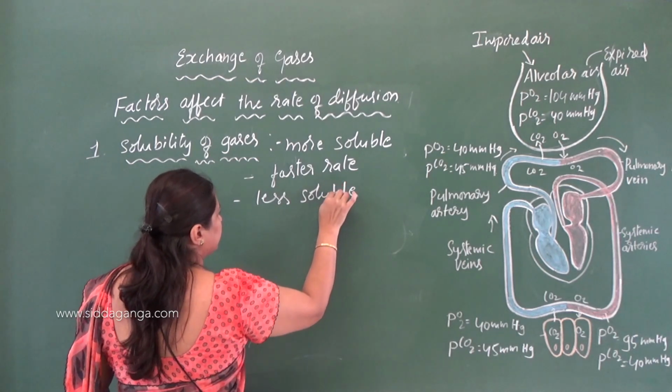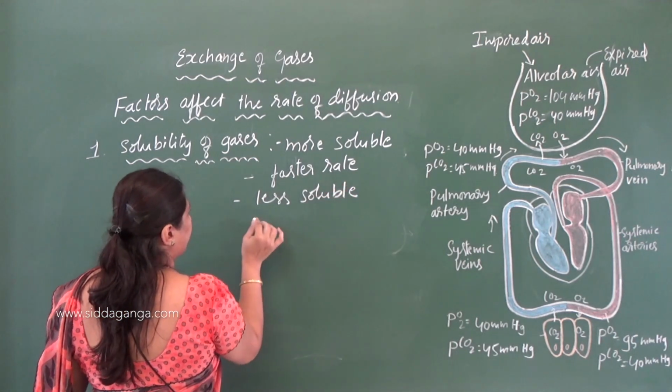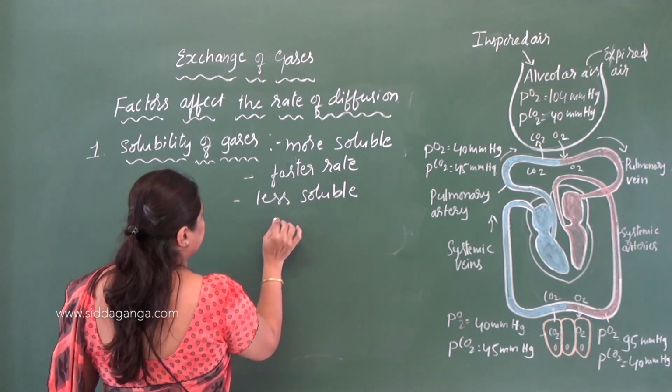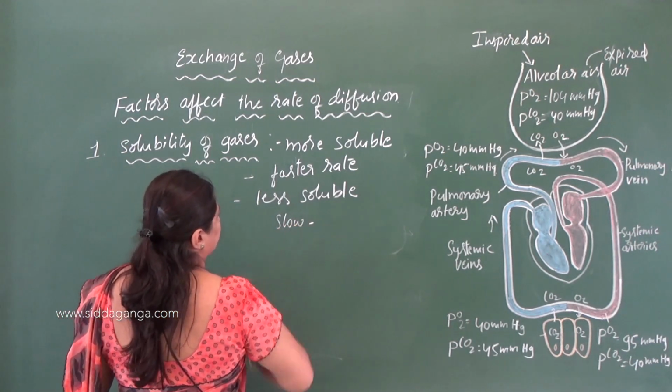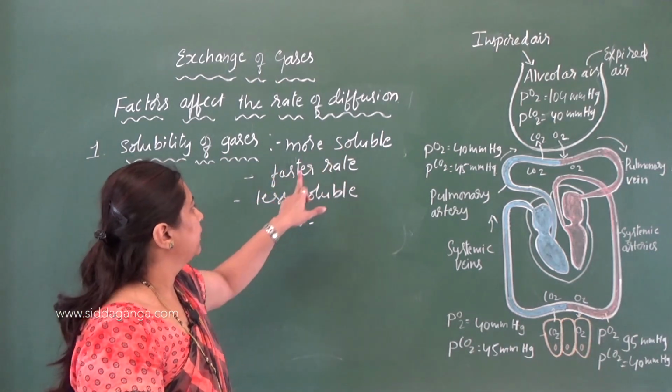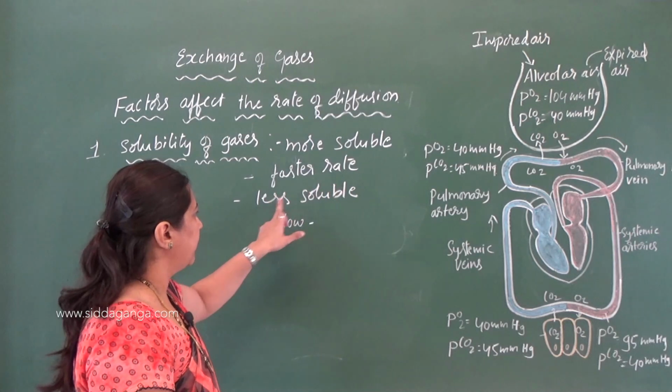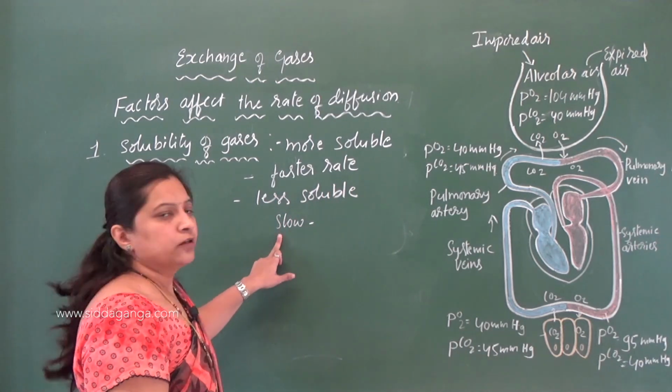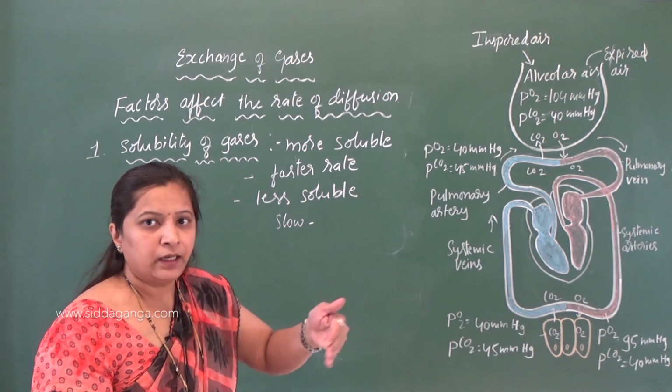If the gas has less solubility, the rate of diffusion will be slow. More the solubility, faster the rate of diffusion; less solubility, slower the rate of diffusion.